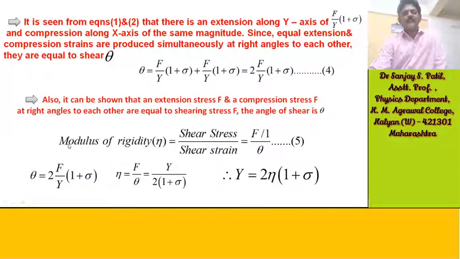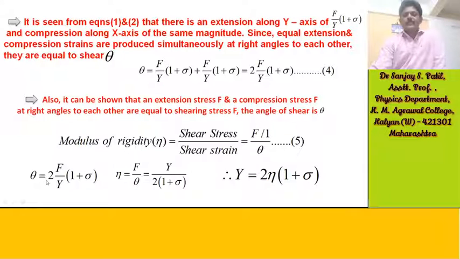That is, modulus of rigidity is the ratio of shear stress and shear strain. So we get F divided by 1, because for unit length the area is 1, and shear strain theta. So eta is F divided by theta. This is equation 5.